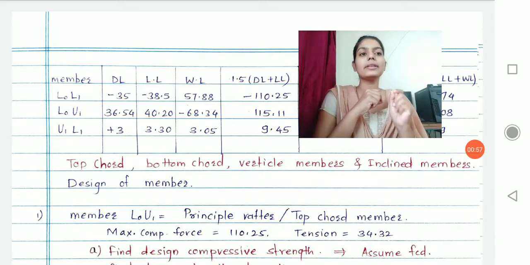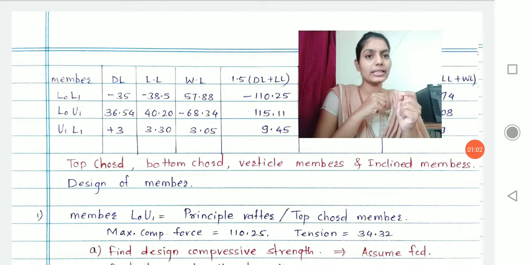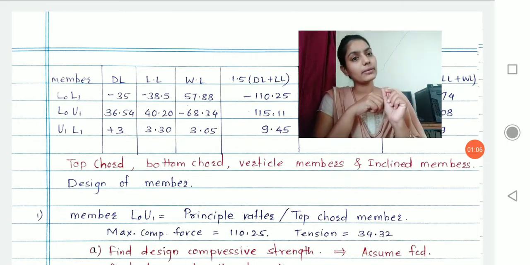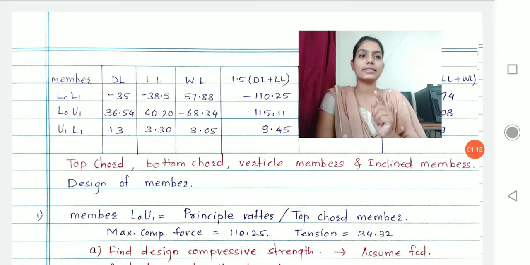If my member is said to be carrying negative 20 kilonewton load, what does it mean? It means that my member has to be designed for this 20 kilonewton load. But what does that negative sign indicate here? The negative sign here we consider as compressive forces.